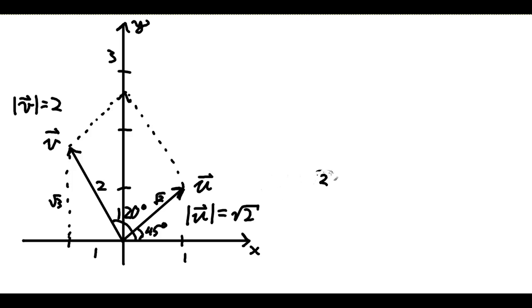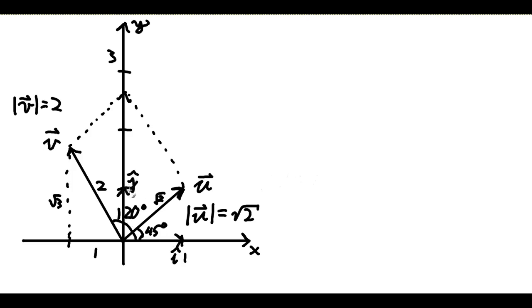So let's look at this vector u. And remember that we have a vector i, the unit vector from the origin to the point 1, 0 on the x-axis. And there's a vector j coming from the origin up to the point 0, 1 on the y-axis.